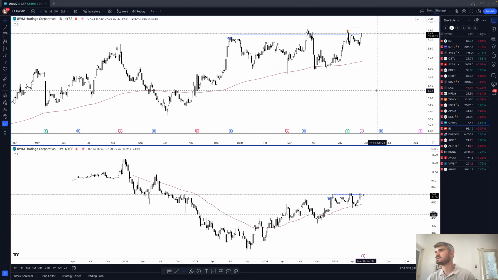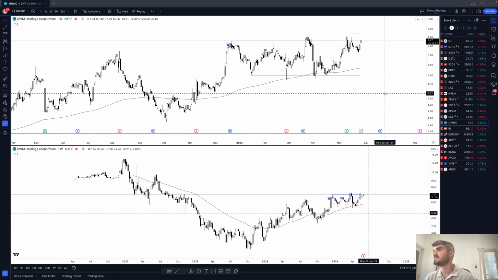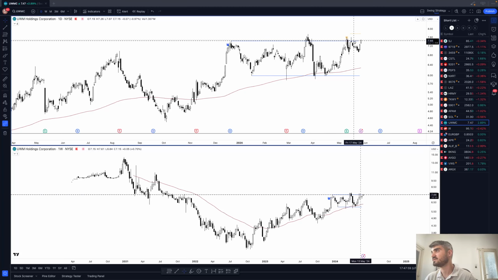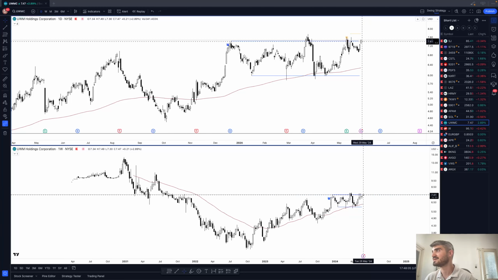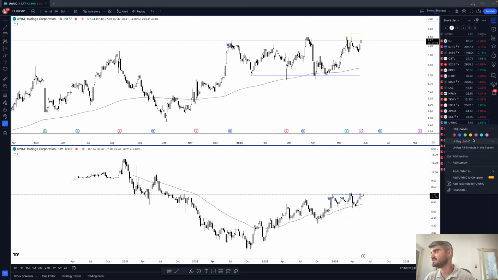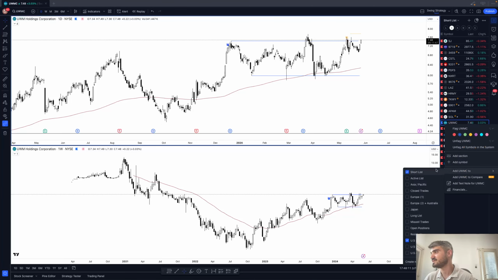Okay, UWMC. It is actually a setup that should be moved to the active list. It's been making its way up to the pattern boundary while we are speaking.